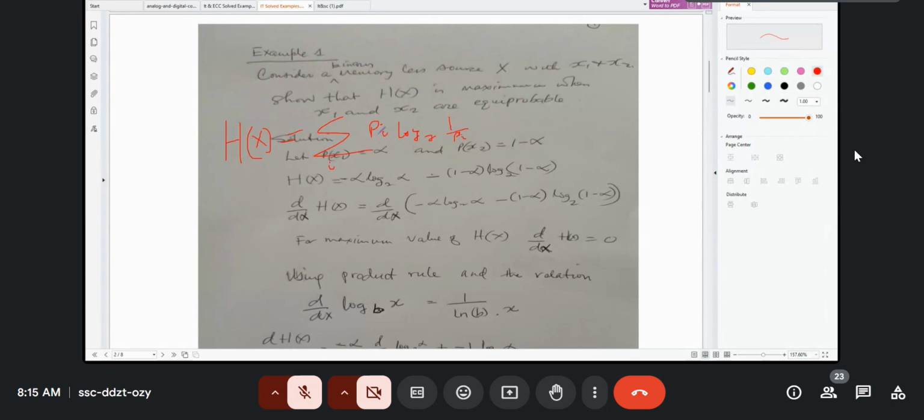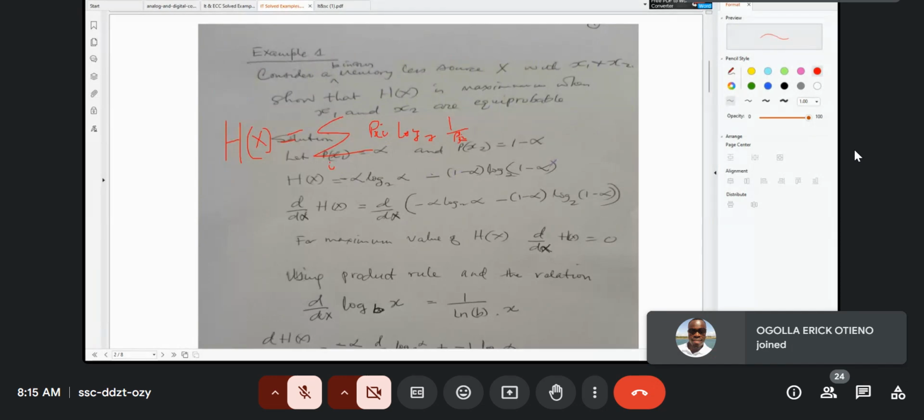Actually it's not p_i, it's p of x_i, which goes from 1 to whatever level it is. So this is what we are saying for two of them. You're adding the two, but since they have a minus sign, it's minus. So H(x) is equal to that.